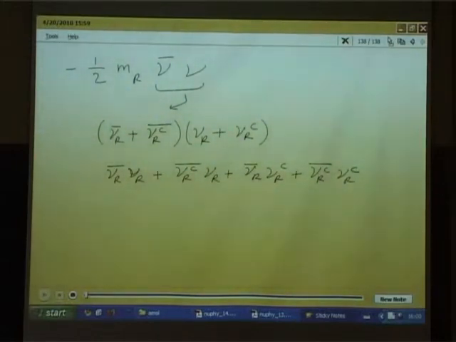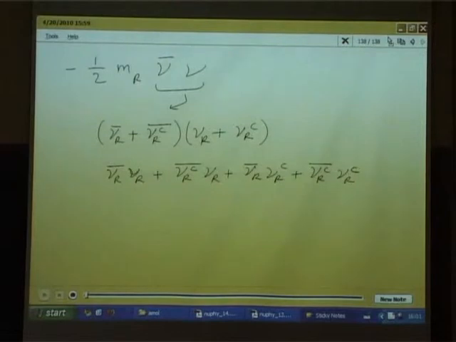So can you tell me why some of these terms vanish? You should be able to use handedness arguments, left-handed, right-handed, to see which ones survive. So what happens to the first term?